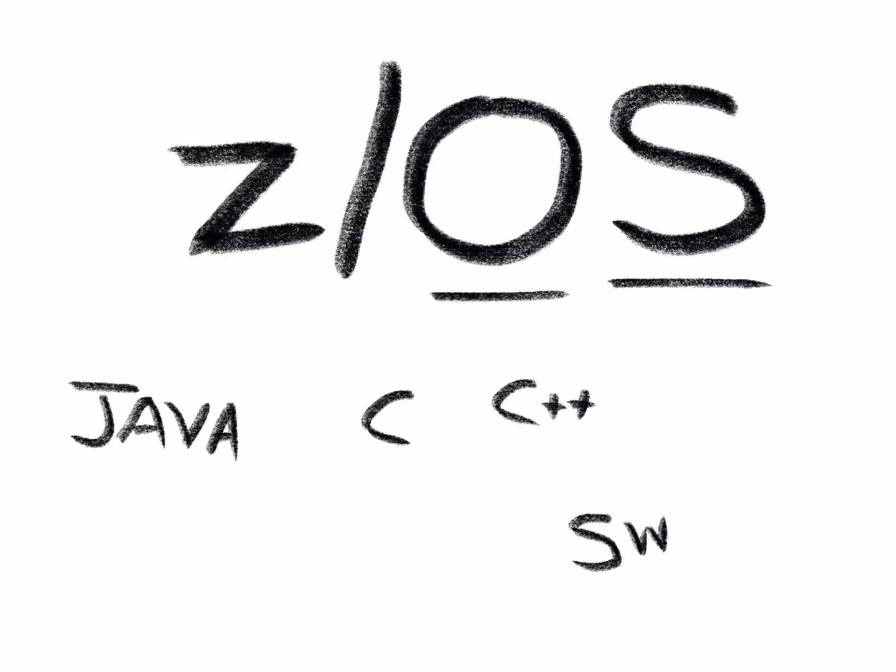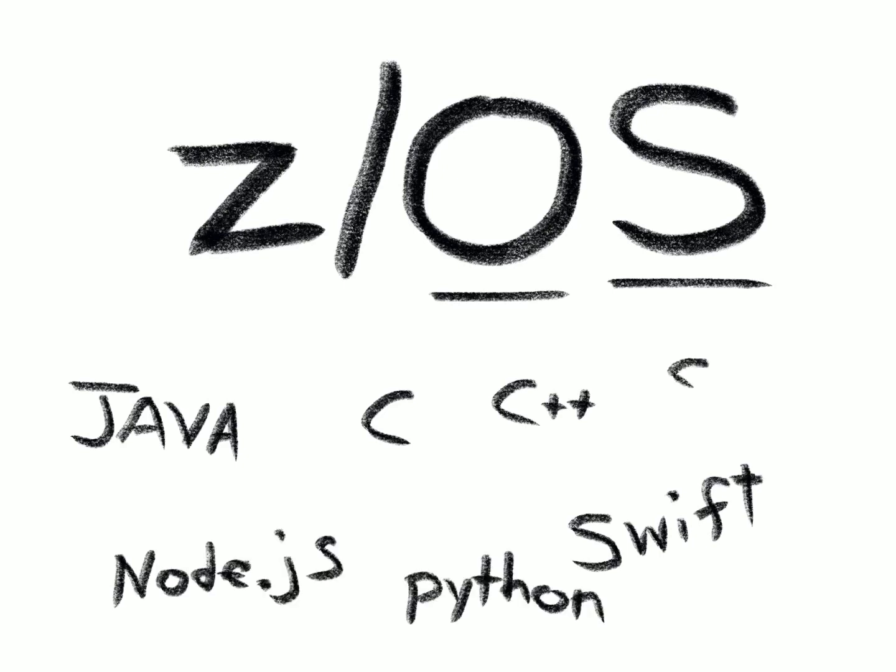z/OS is the flagship IBM Z operating system. It's right there in the name, Z operating system. Its focus is on running business applications at scale, and those applications can be written in any number of languages like Java, C and C++, Swift, Node.js, Python, and yes, even COBOL.